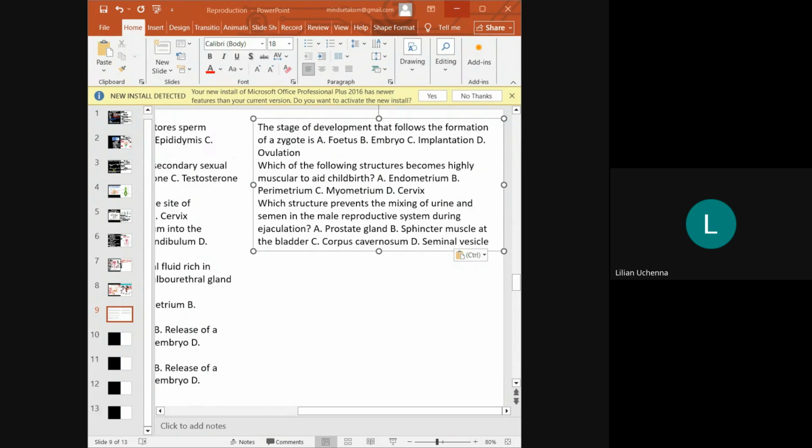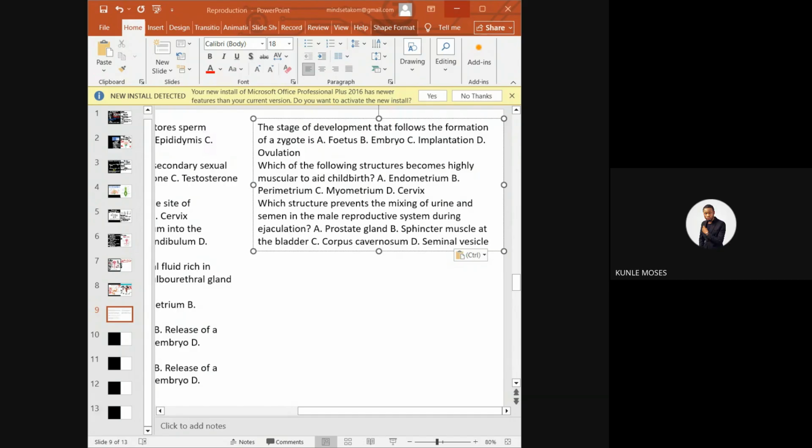D. What, D or B? Wait. B. The sphincter muscle at the bladder.